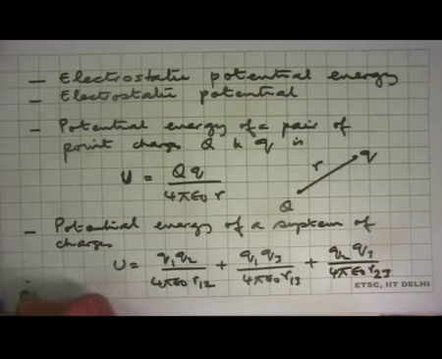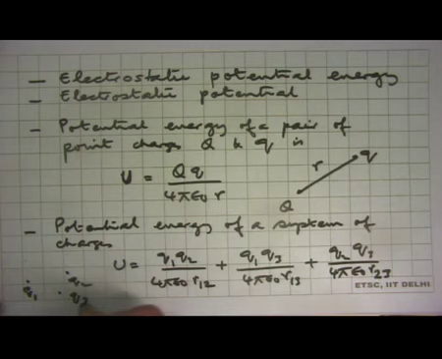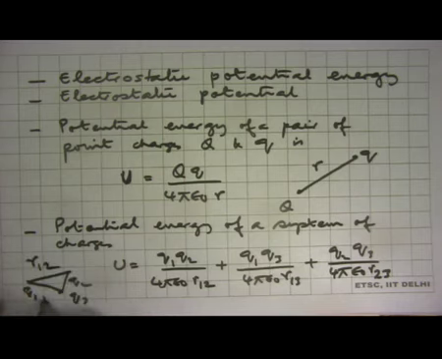So, essentially you have one charge q 1 here, another charge q 2, say another charge q 3. The potential energy is defined by the separation: this is r 1 2, this is r 1 3, and this is r 2 3.